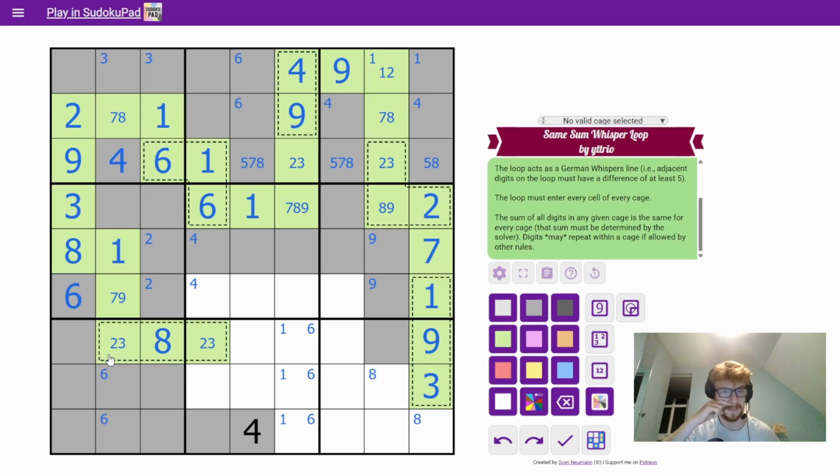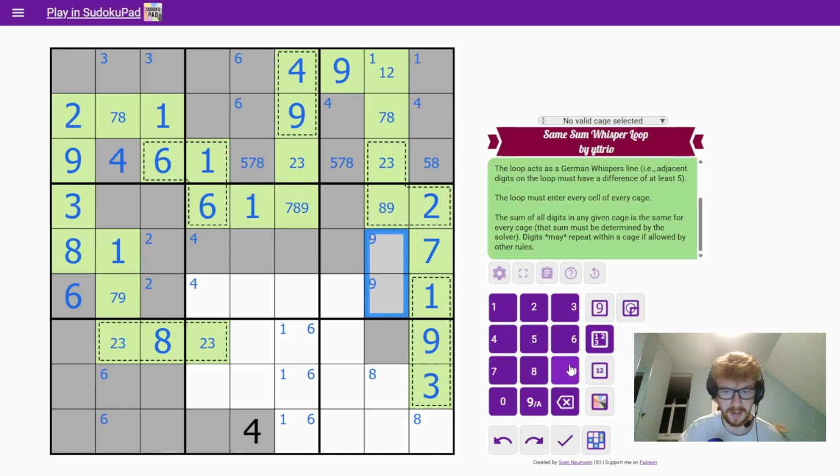Okay. Oh, well, this 9 pencil mark is even wrong. It's one of those 3, because that can be a 9. When do we have a problem?